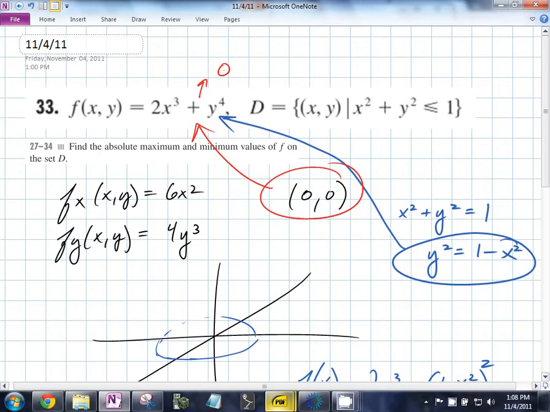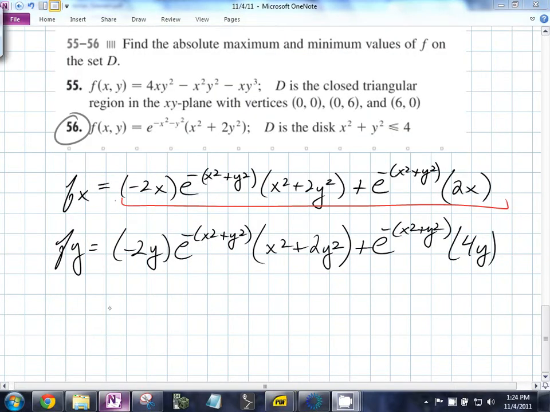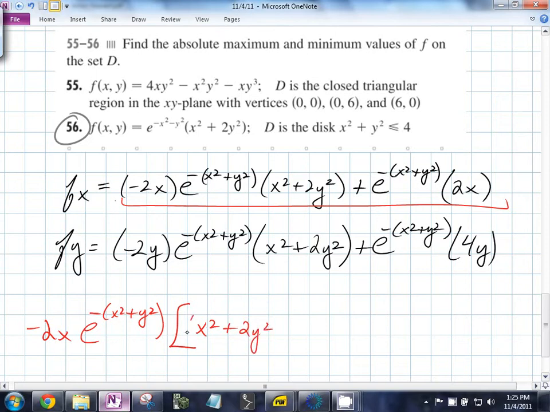We end up with e to the negative x squared plus y squared times... oh wait, we'll factor out negative 2x as well. And you end up with x squared plus 2y squared minus 1 equals 0.